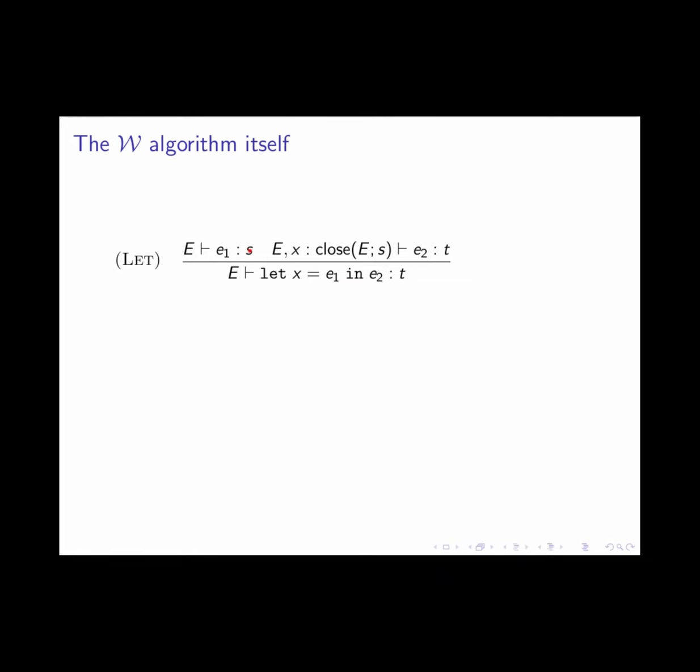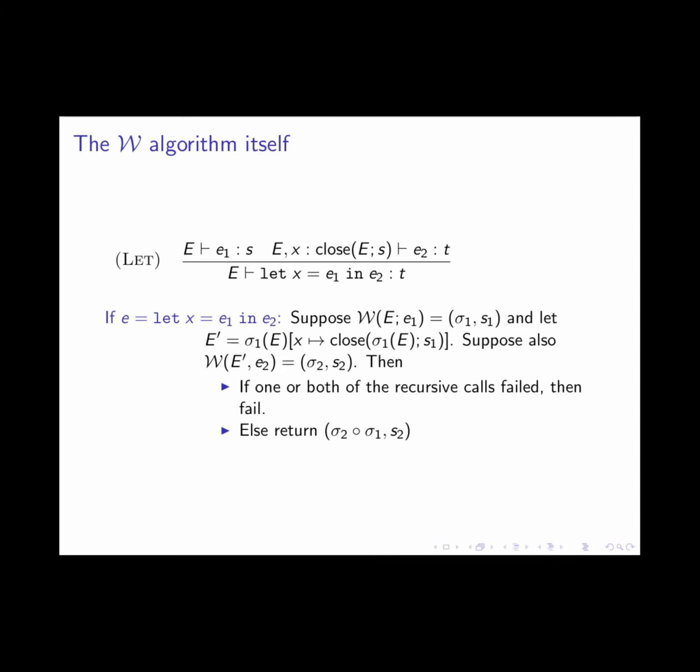If E1 has type S, then we can type E2 under the assumption that X has the closure of the type of S, meaning that we introduce quantifiers for every free type variable in S. So this is where we add universal quantification.